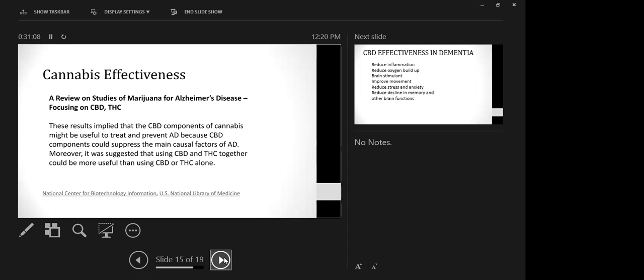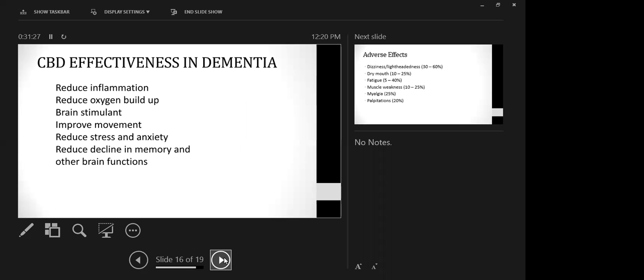Moreover, it was suggested that using CBD and THC together could be more useful than using CBD or THC alone. So them combined together might be more helpful, but again, none of this is FDA approved for that reason. Okay, it's really important to know.